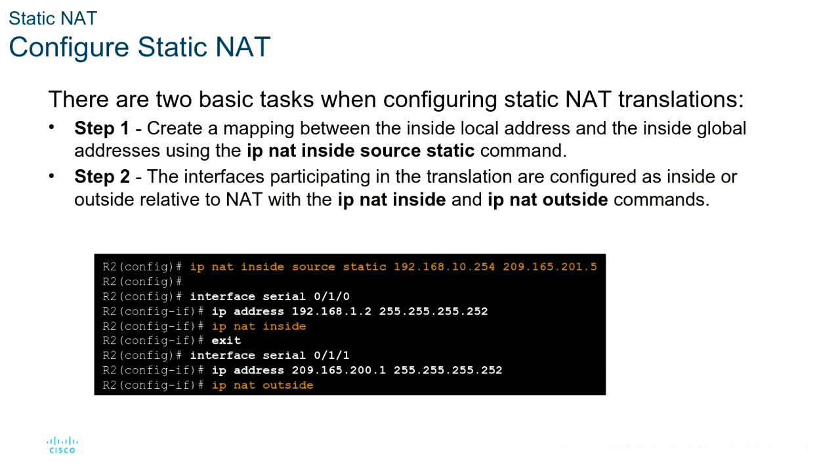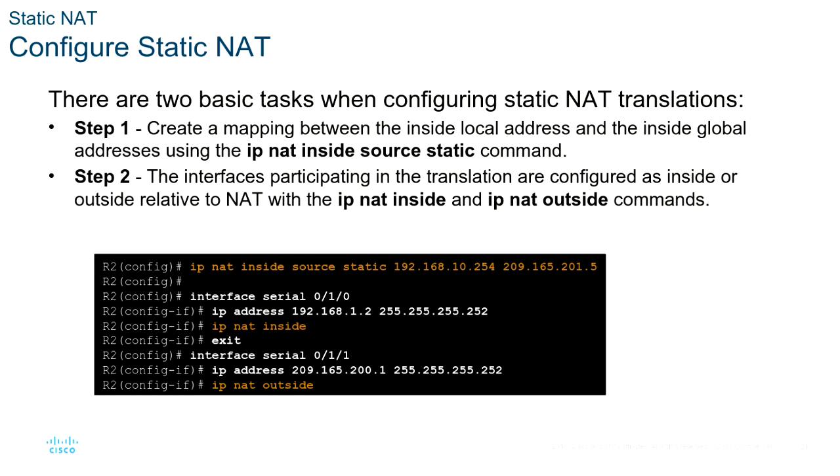And then we're going to mark that inside port, 0/1/0, as the inside, the trusted inside network, with IP NAT inside. Then we're going to mark our outside port, 0/1/1, which goes to our ISP, and they've assigned us the address of 209.165.200.1, and we'll mark that as the outside port. So you have to tell the IOS which one is inside and which one is outside.